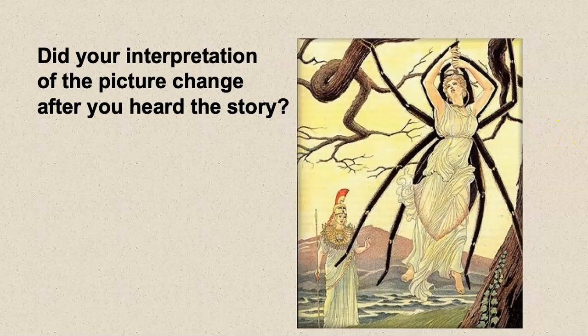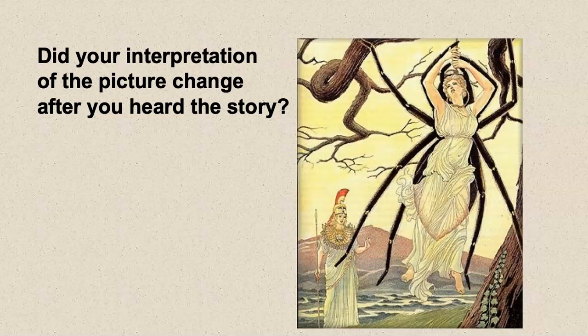Perhaps this drawing represents the part of the story in which Athena magically changed Arachne into a spider. Notice how Athena is holding her hand as if she is using it to cast a spell. And the expression on Arachne's face is probably one of fear.